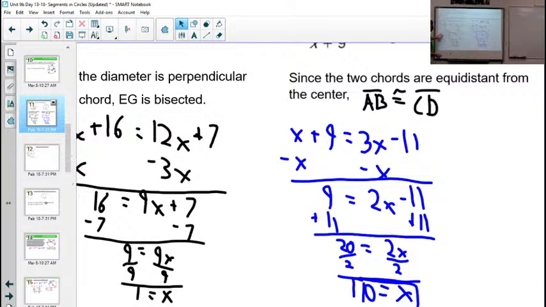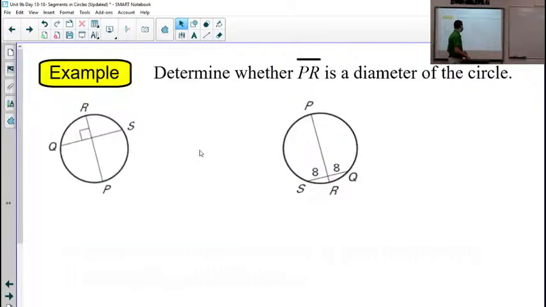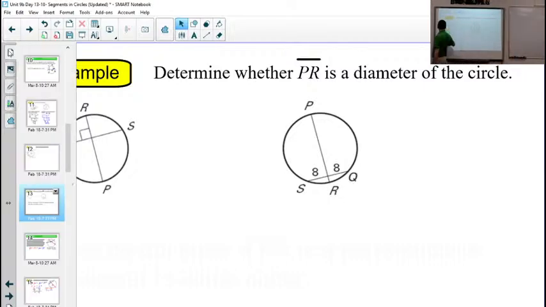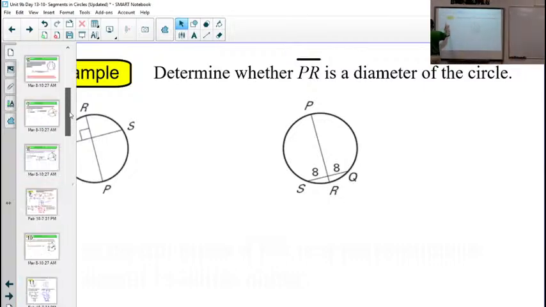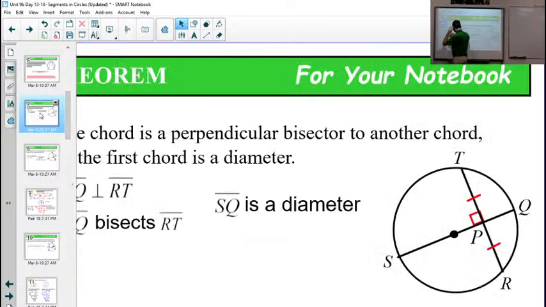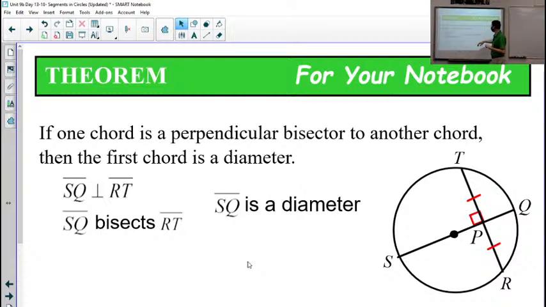Last problems here. Determine whether P to R is the diameter of the circle. Well, the property that we have to get a diameter is if one chord is a perpendicular bisector to another chord.